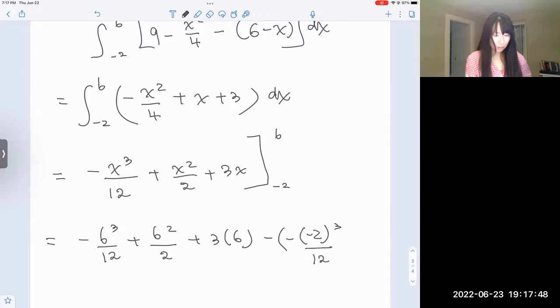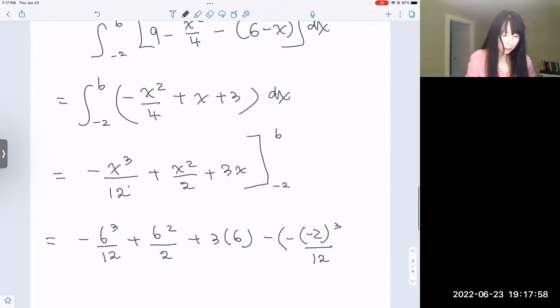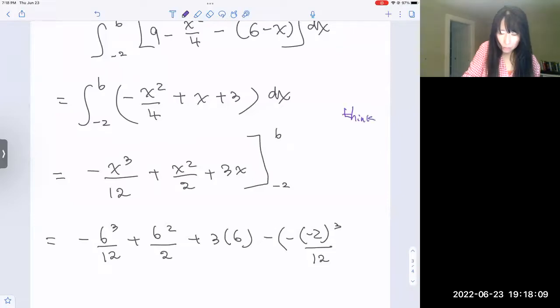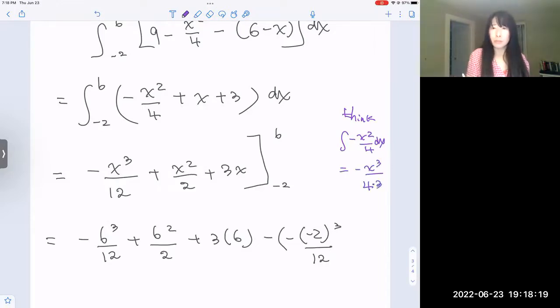I know the 3, but not the 12. This 12 comes from the negative x to the third power over 4 times 3. Okay, that's 12.